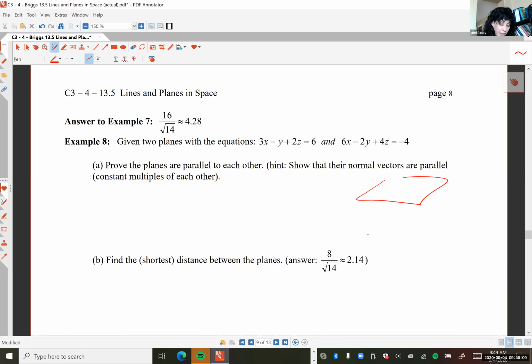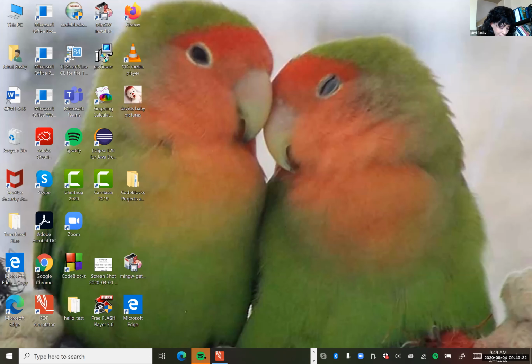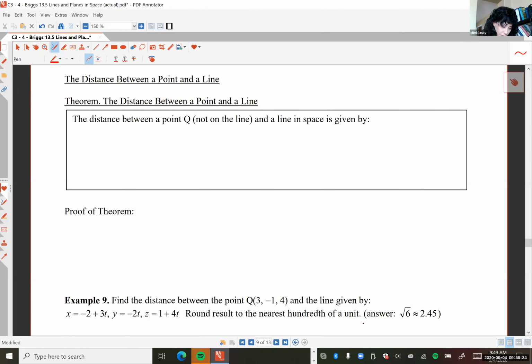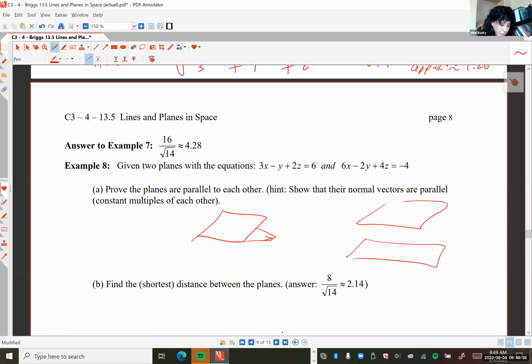What if you have two planes? They could be parallel, or as you saw before, they could intersect, right? That's the two possibilities. How would you prove quickly that these two planes are in fact parallel? I claim they are, but why is it obvious? I'll give you a hint.